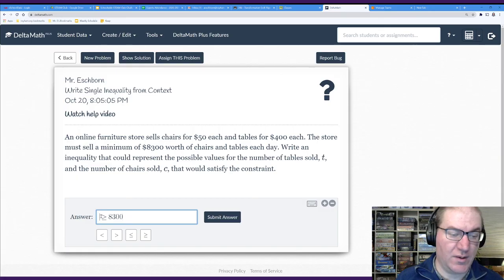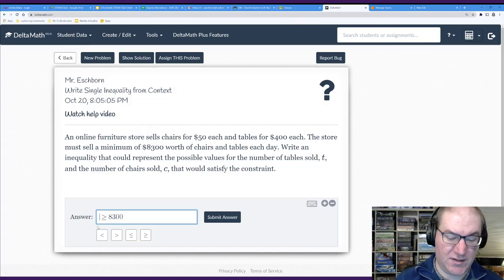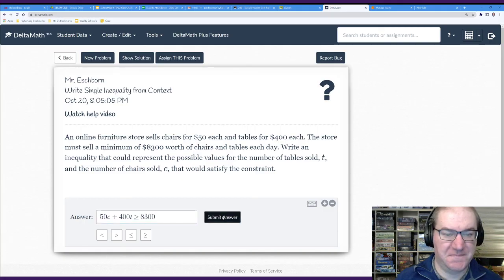So whatever I write on the left side has to be greater than or equal to 8,300. It says chairs are $50 each plus $400 per table. So the amount of money I make in chairs plus the amount of money I make in tables has to be bigger than or equal to 8,300.